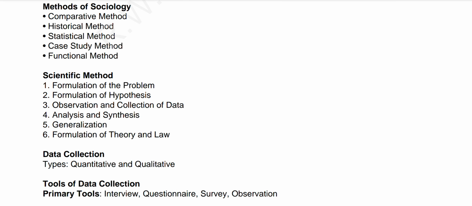Then second comes the formulation of hypothesis. Now here, when the problem that is to be tackled is known, okay, the first step, we know that these are the things that can be responsible for the problem. We must have some idea of the new aspect. Now in this, we will form a hypothesis.